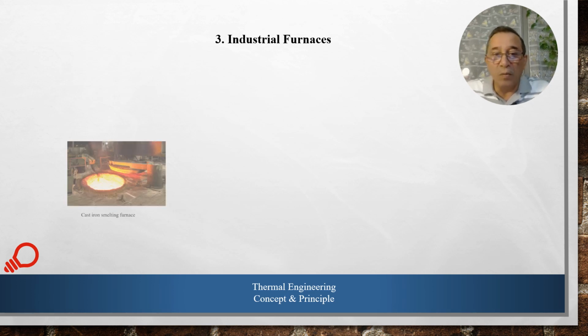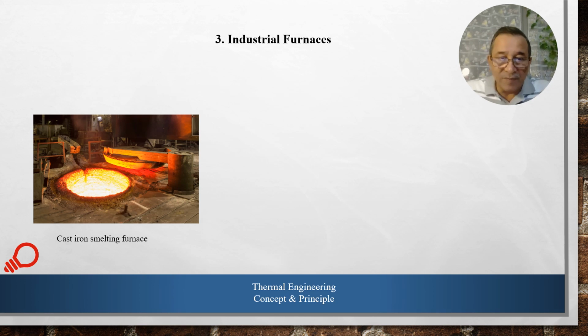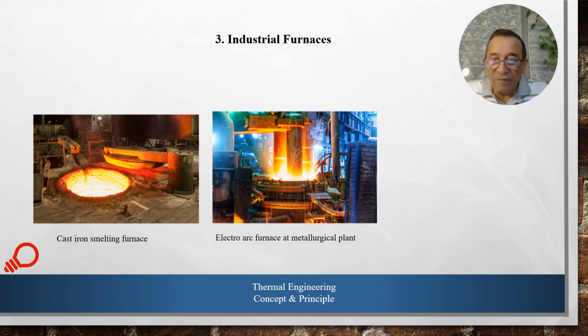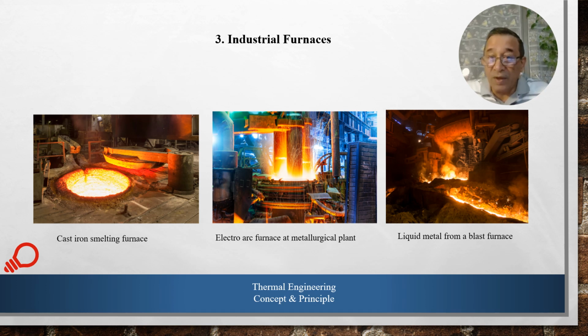And we may have a cast iron smelting furnace, which is used to melt the iron. We have another energy source, which is the electro arc furnace for metallurgical plant. And we have also liquid metal from a sort of furnace called a blast furnace, shown in this photo.